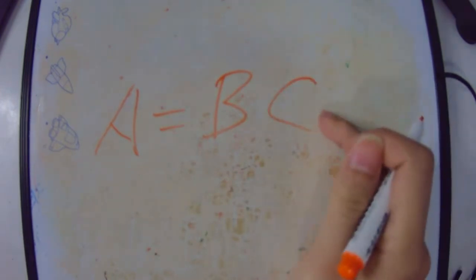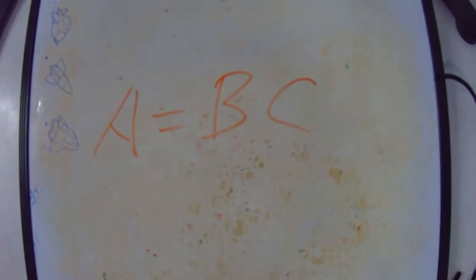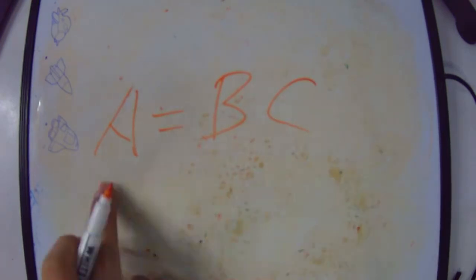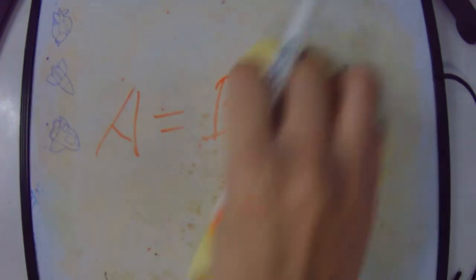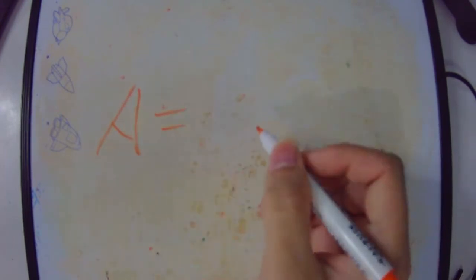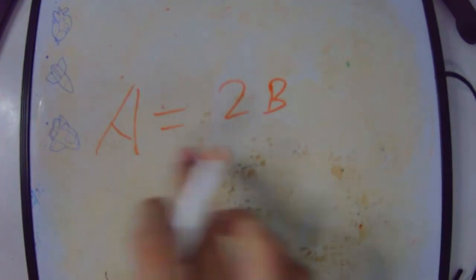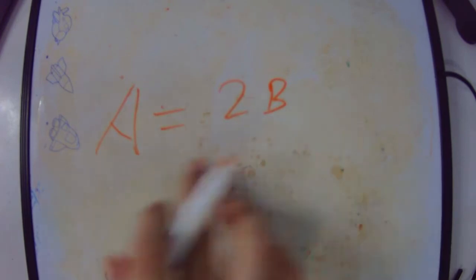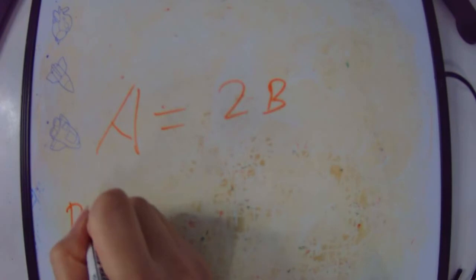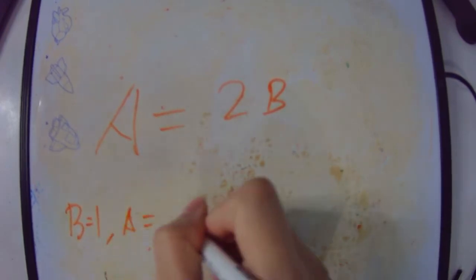Let's say C is constant, so C doesn't change, right? Actually, let's do it like this: A equals 2B. That makes it easier for us. Let's say this is the relationship. They are directly proportional. So if B equals 1, A equals 2.